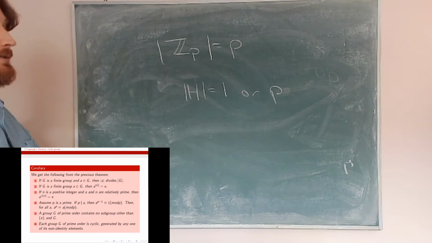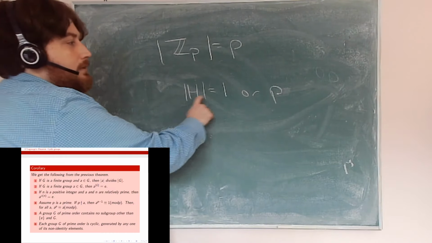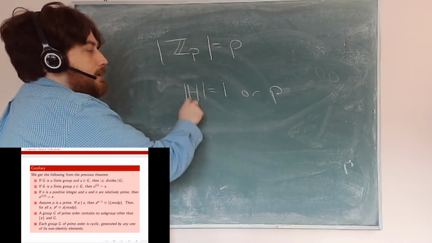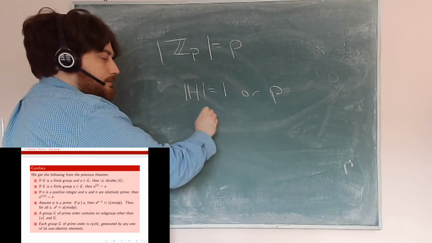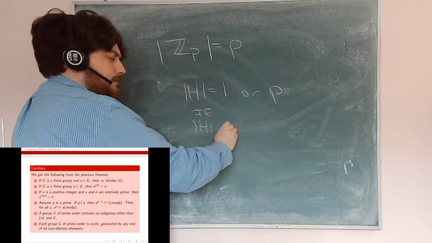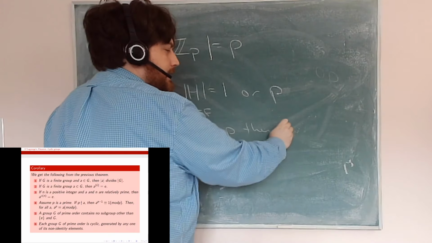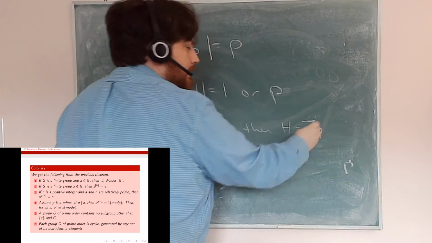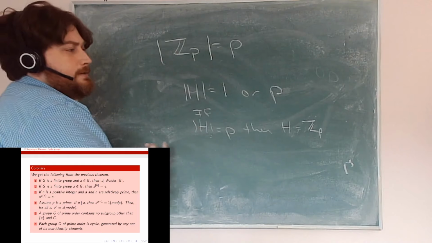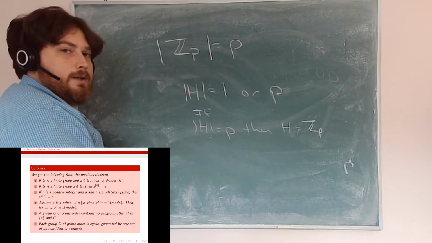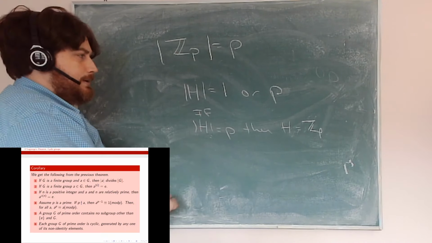So H either has order 1 or p, because those are the only divisors. If the cardinality of H is p, what is H equal to? Well, H is just the whole thing, isn't it? Because H is a subset of Z_p, but it has all the elements of Z_p, so it has to be Z_p.